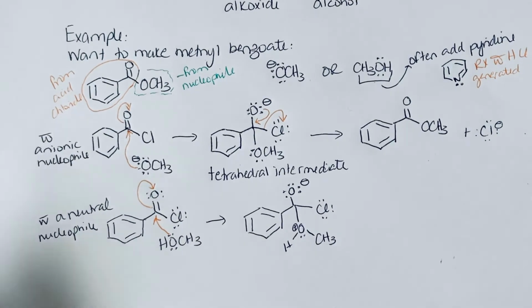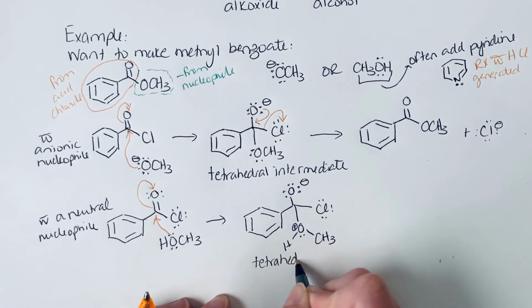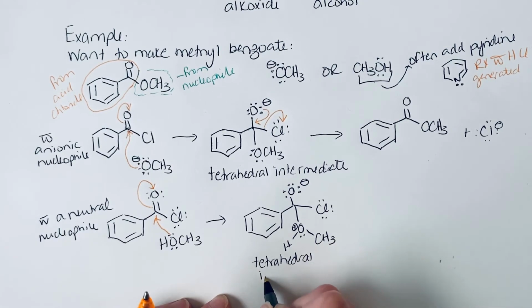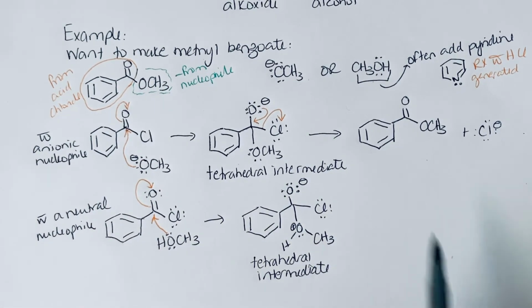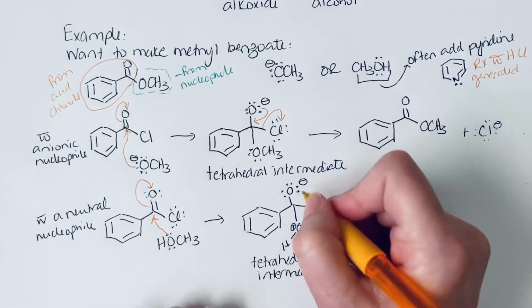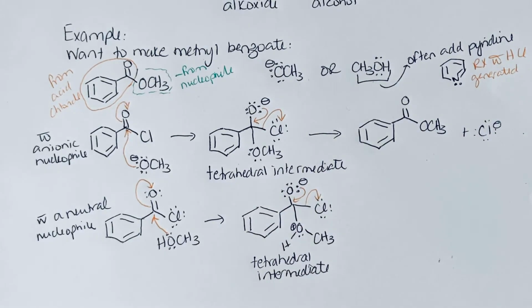So you have your tetrahedral intermediate. And just like before, now this tetrahedral intermediate will collapse and push off that really good chloride leaving group.